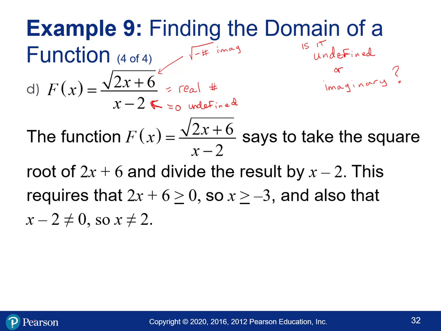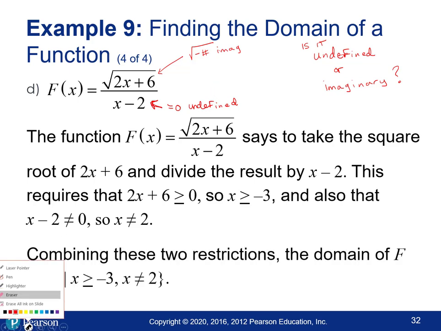So we have to consider two problems, and we have to avoid them because we want this to be a real number. So let me kind of get rid of this part, because now we know what we want. We want this to be a real number. We're focusing on what would cause a problem. Okay, so in this case, we have to do two separate things. We have to say, well, when is this square root going to not be negative? So you set 2x plus 6 greater than or equal to 0.